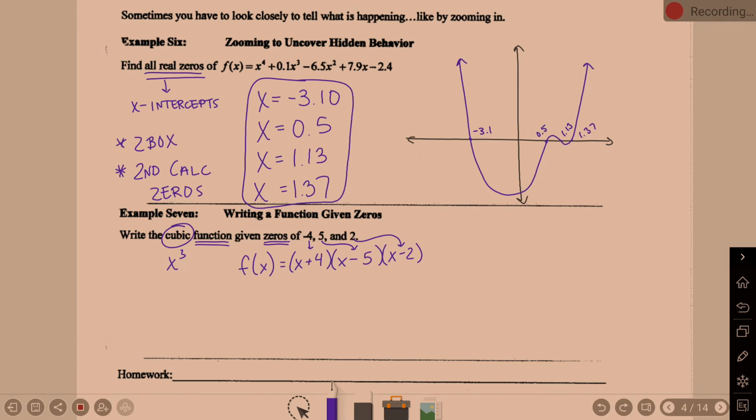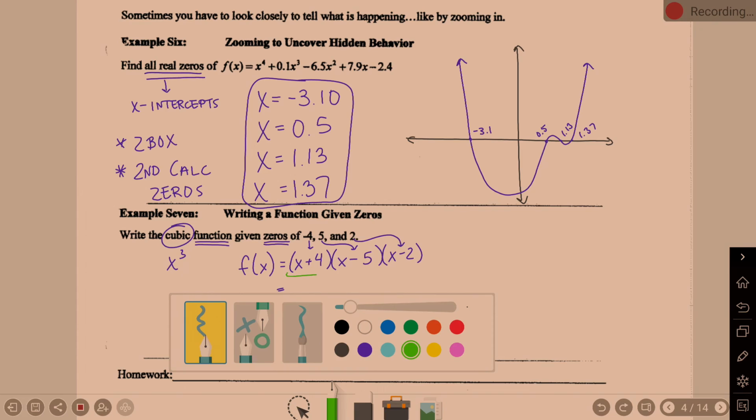What do we have to do to get this to standard form? FOIL. FOIL 2. Then once you get that answer, FOIL the third. That's exactly what I would do. So pick 2 to start with.